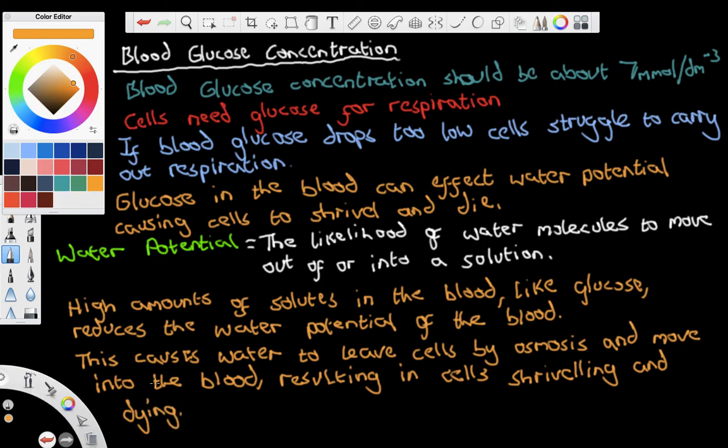Now, luckily, we have hormones such as insulin and glucagon, which regulate our blood glucose concentration. So the final thing we can say is insulin and glucagon regulate blood glucose concentration.